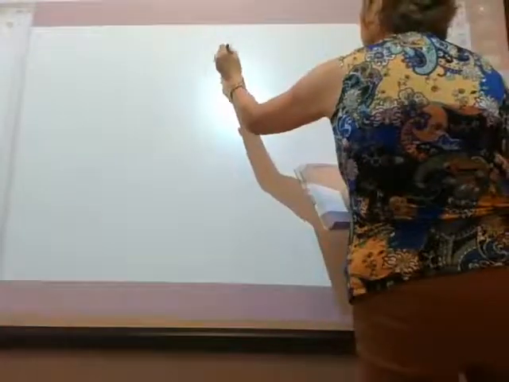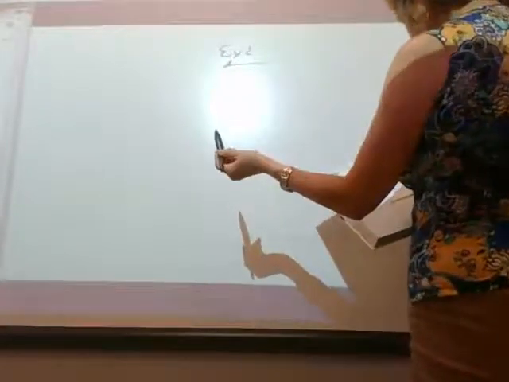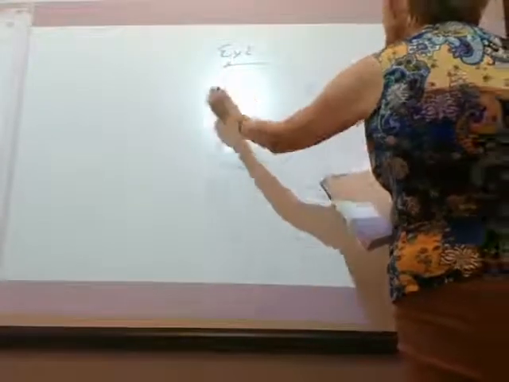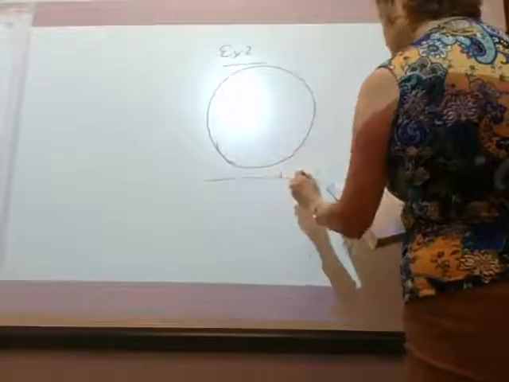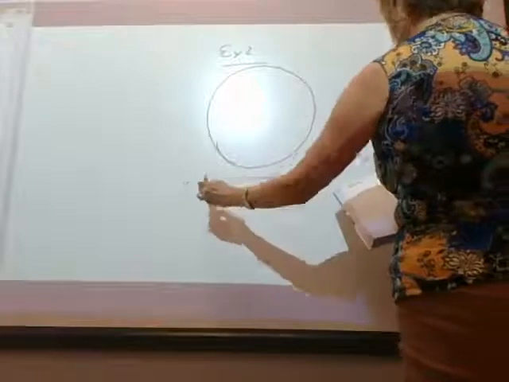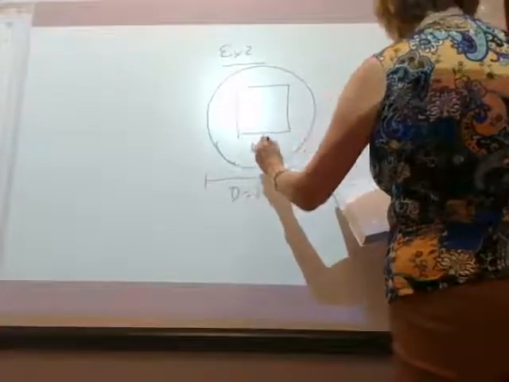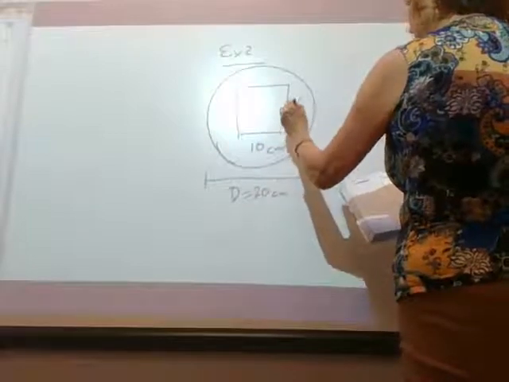Okay, then let's look at example 2. This says, what is the probability that an object that lands in the circle also lands in the square? Okay, so this diameter is 20 centimeters. And this square inside here is 10 centimeters, okay?